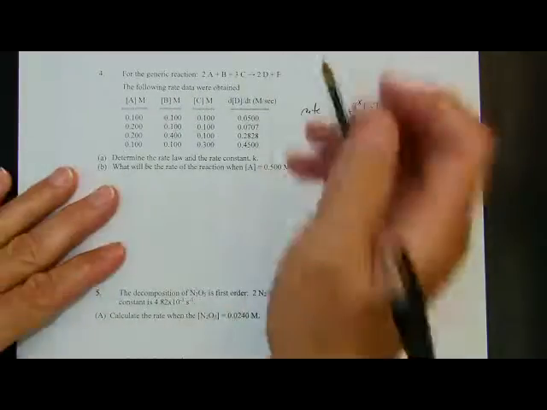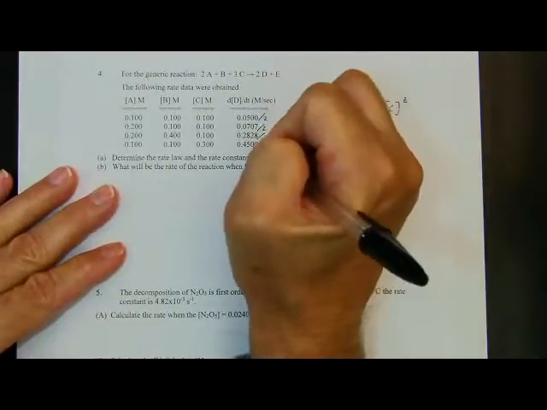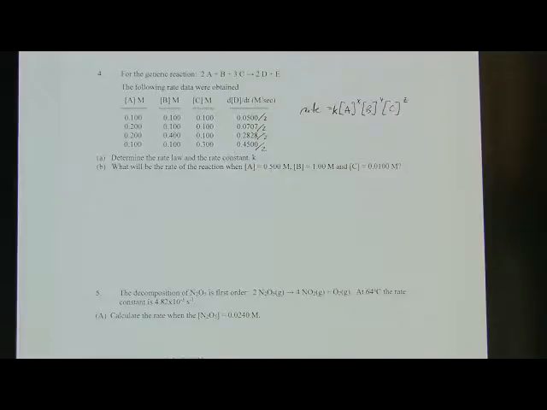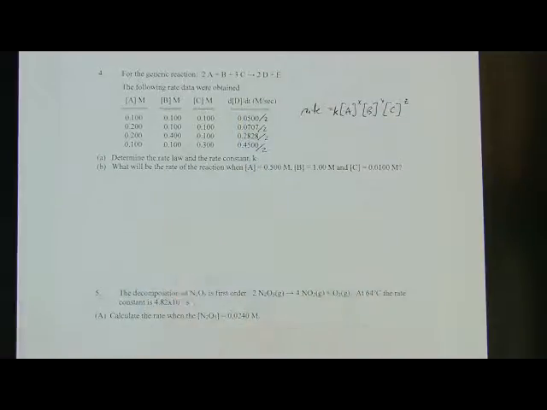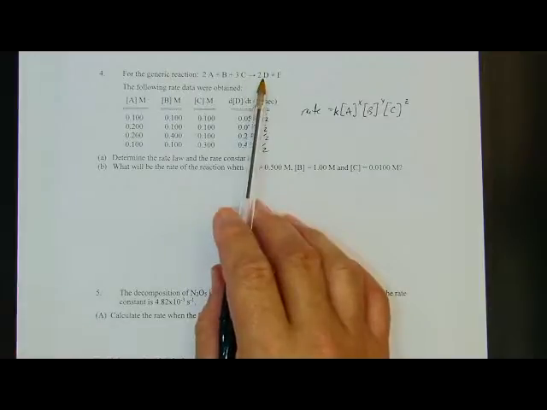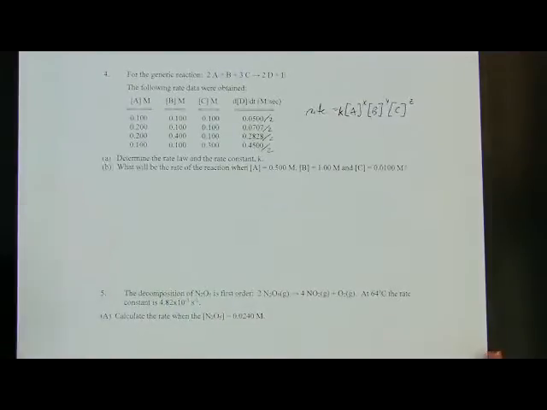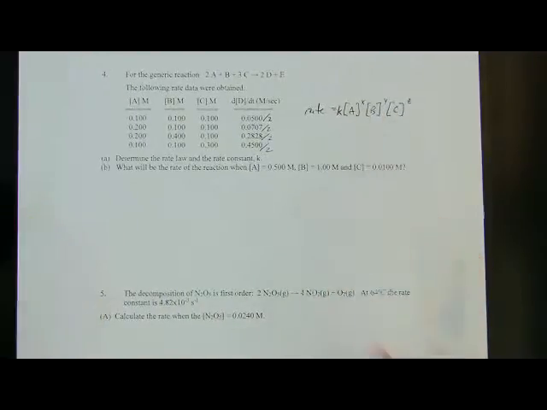Divide by 2. Yes, we'd have to take each of these and divide by 2 to get what the rate is. All right, so here we're given how D is changing. Since there's a 2 in front of the D instead of a 1, then since we're given this, we'd have to divide that by 2 to get the rate. Which won't be important in determining the value of x, y, and z. Right?